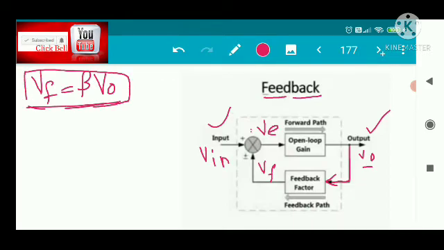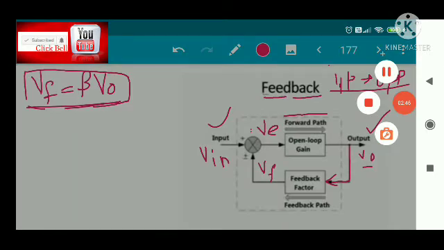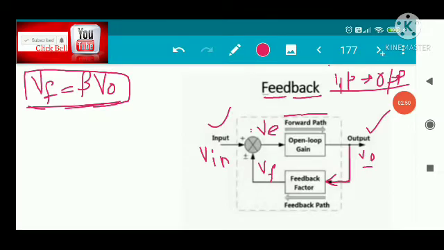Now the forward path is nothing but input to output, and the feedback path is output to input. So there is a difference between these two. Also there is the error signal, this is the error signal V. As I have said, this is a summing amplifier or difference amplifier.